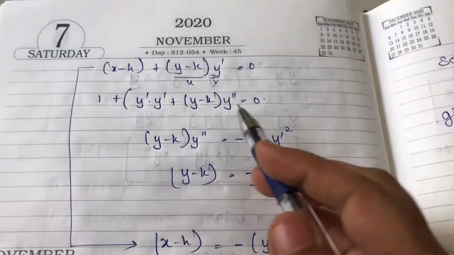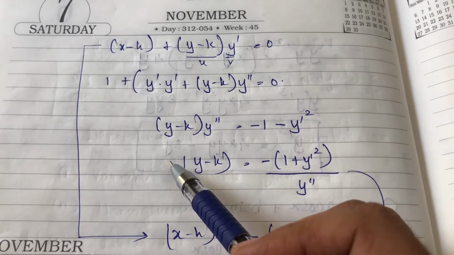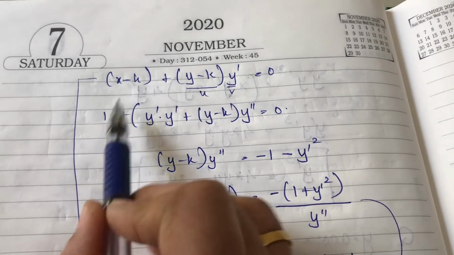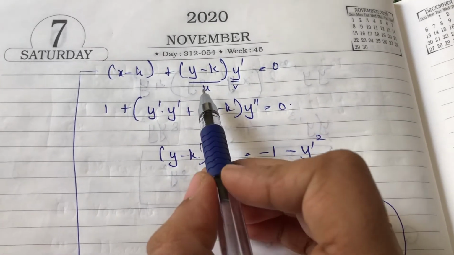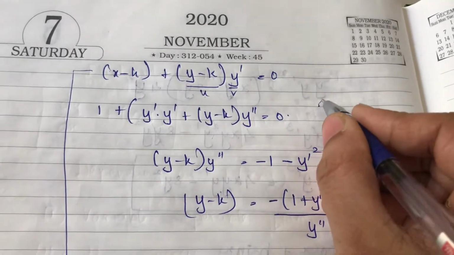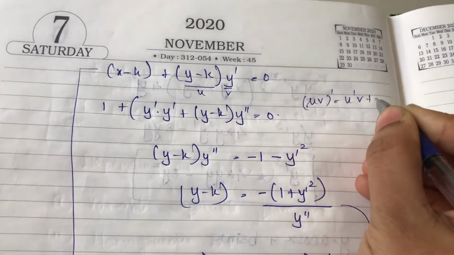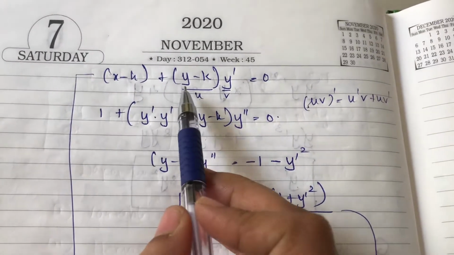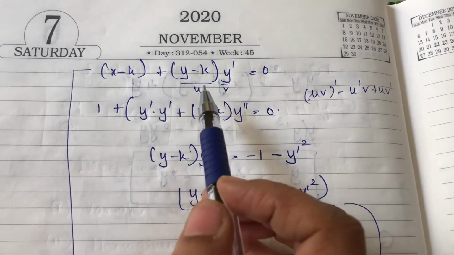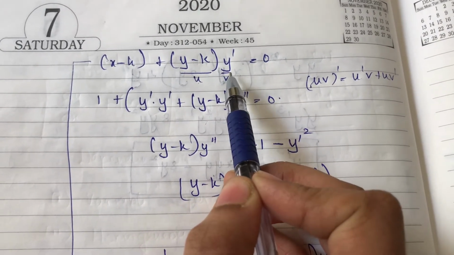And then after that I need to differentiate again. For the first term, it will become 1, plus, you can see here uv, so I use the formula: uv the whole dash is equal to u dash v plus u v dash. So u dash means y dash, which is already there, and already a y dash is also here.